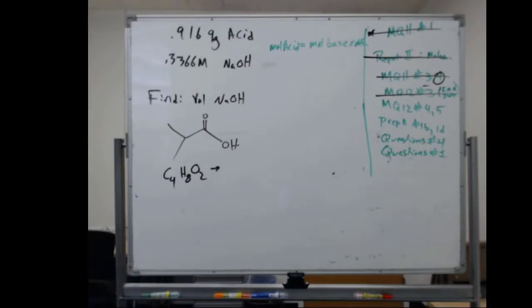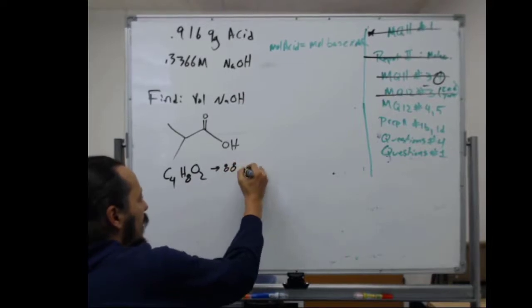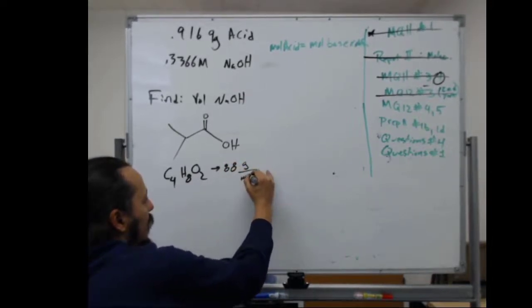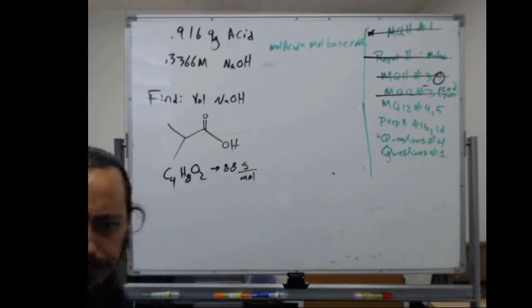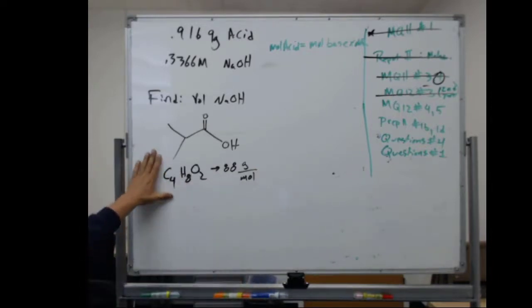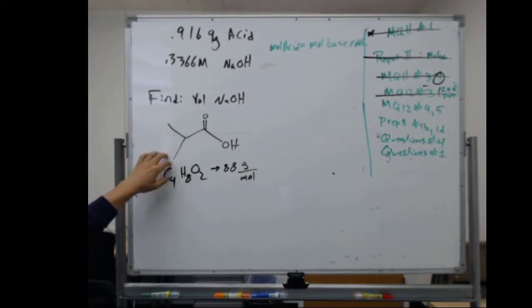Make sure you're calculating this. 12 times 4 plus 8 plus 32. Always have your periodic table handy. 4 carbons, 8 hydrogens, 3, 6, 7, 8.